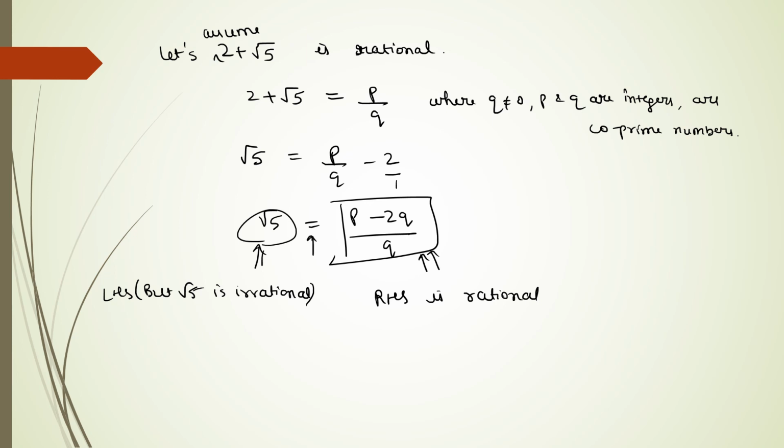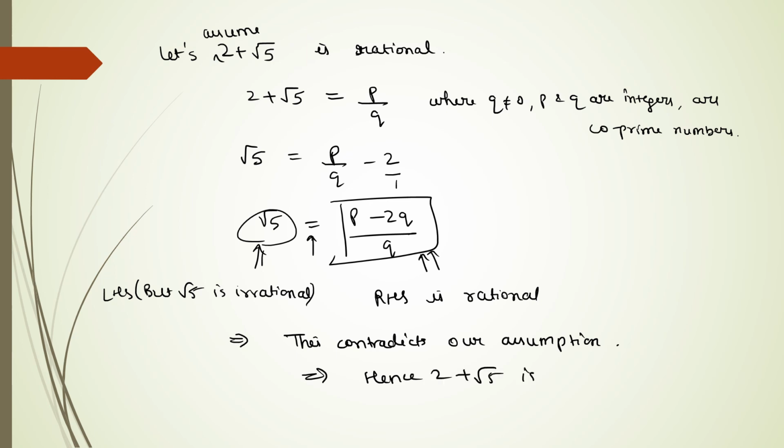What a joke. So that means this contradicts our assumption. We have considered something wrong. And that simply brings us to the answer, which means 2 plus root 5 is irrational.